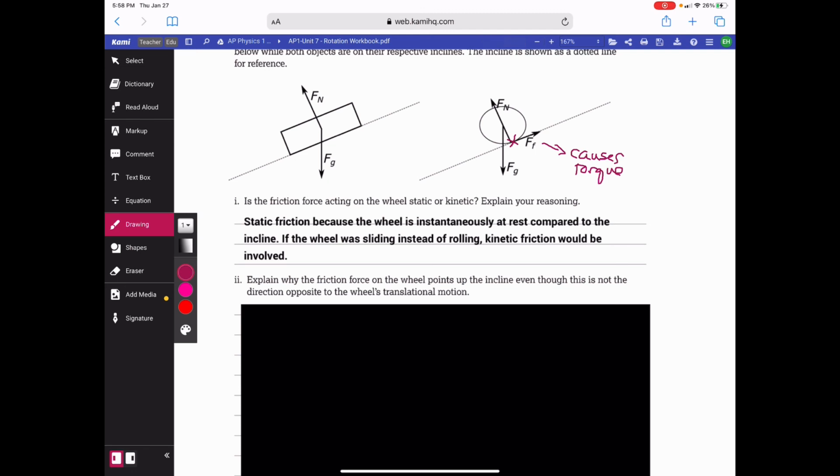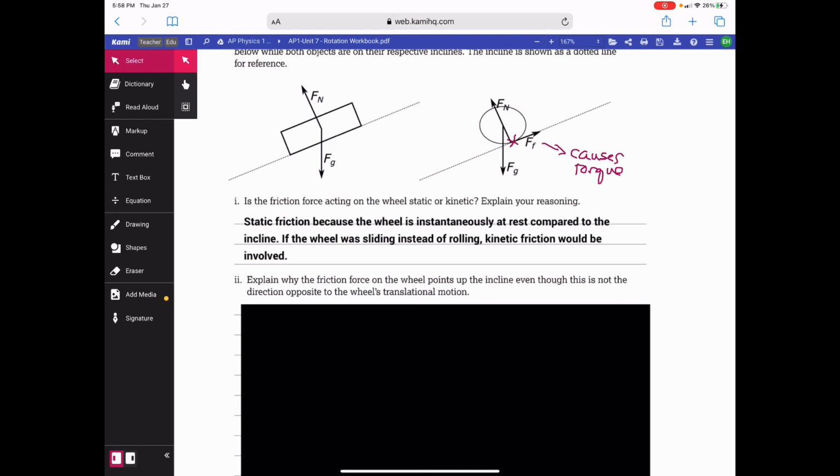That's why the wheel is rolling without slipping. And in fact, that same friction that's preventing the slipping is also causing the torque to keep the wheel rolling.